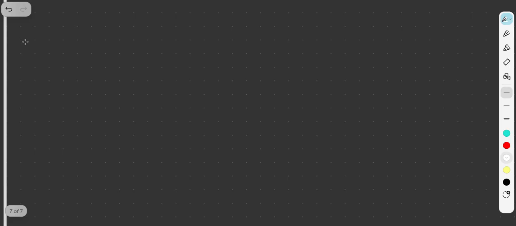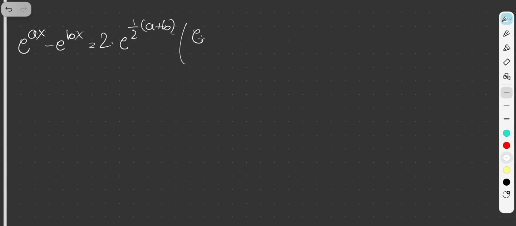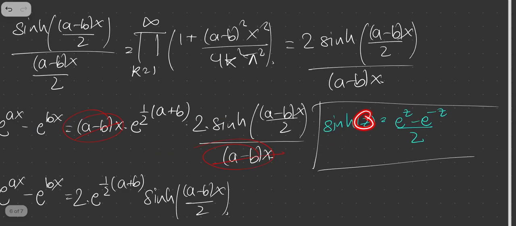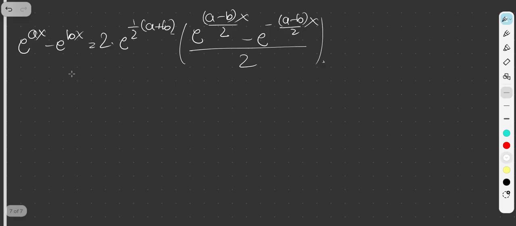So we have e to the ax minus e to the bx equals 2 times e to the 1 over 2 times (a plus b), and we have e to the (a minus b) times x over 2 minus e to the minus (a minus b) times x over 2, if we successfully replace z with this argument. That's what we get right over there.